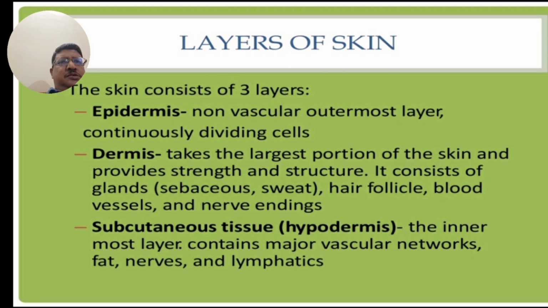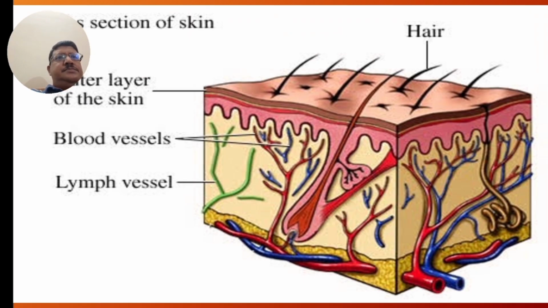Subcutaneous tissue, that is hypodermis, the innermost layer, contains major vascular networks, fat, nerves and lymphatics. So these are the structures of the skin: layers of the skin, blood vessels, lymph vessels, hair.